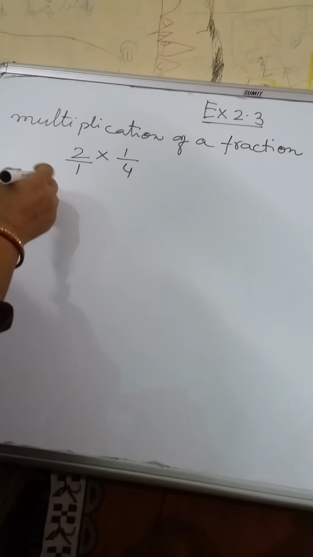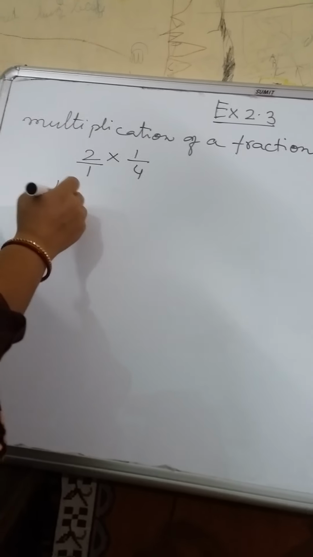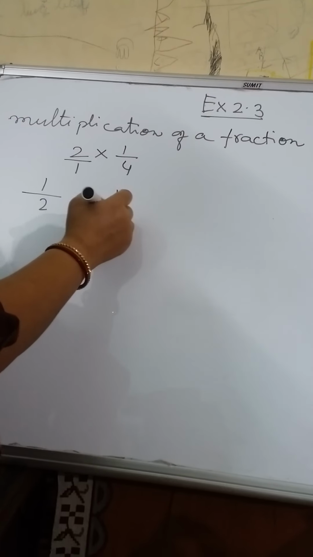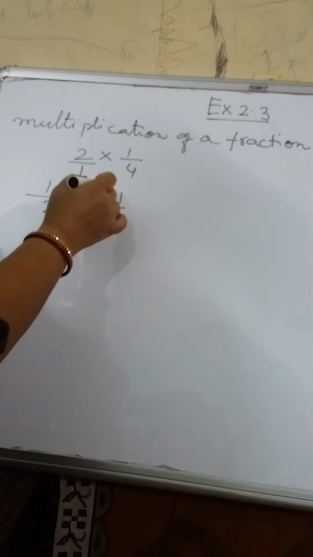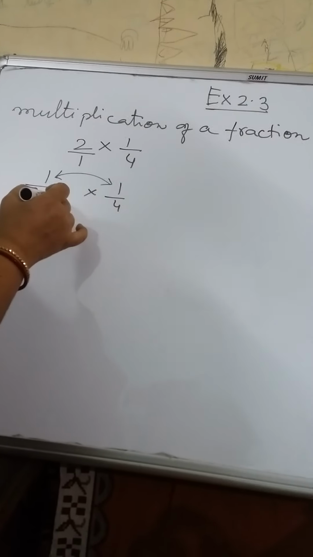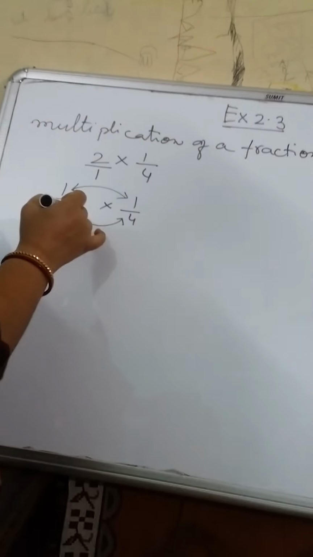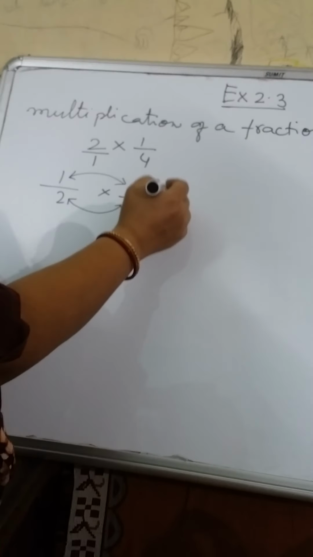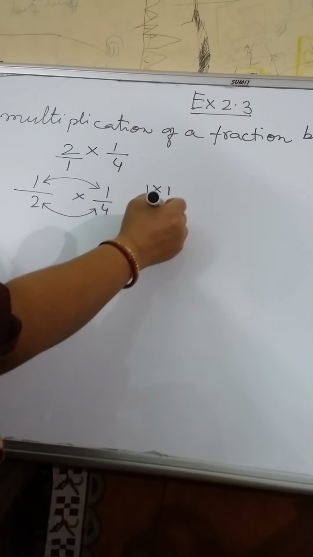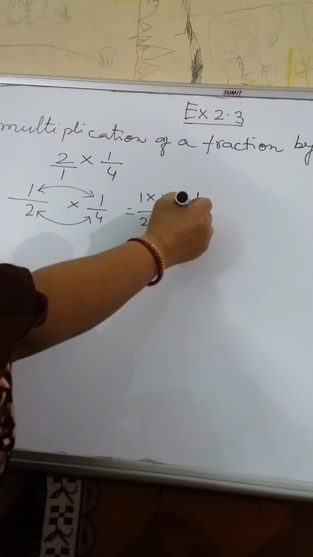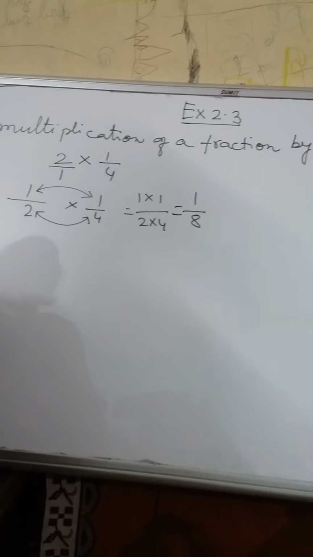Now, if two fractions, say 1 by 2 and 1 by 4, we have to multiply, the same way you multiply numerator by numerator and denominator by denominator. So 1 into 1 and 2 into 4, it is 1 by 8.